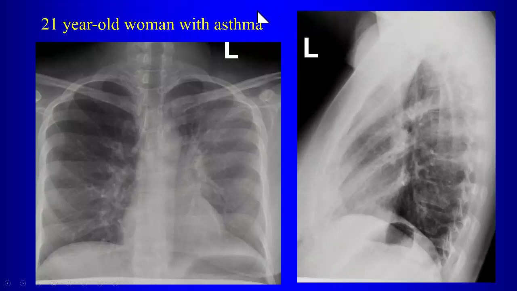This is a person with asthma. Anything abnormal? Bronchial thickening. Like perihilar bronchial thickening. Well, when you compare one side of the lung to the other, do you notice anything?